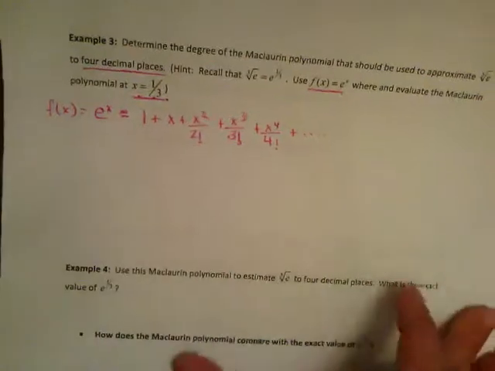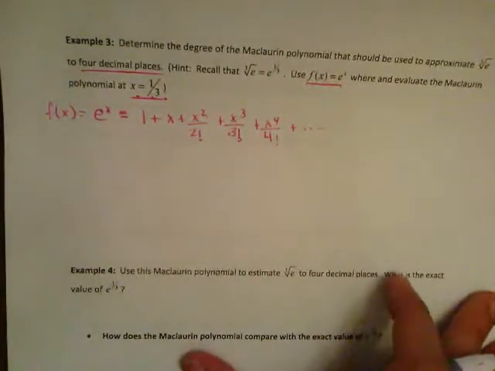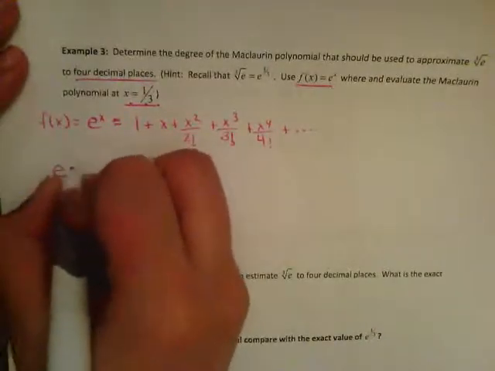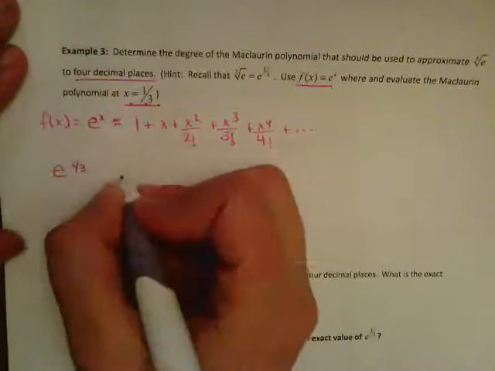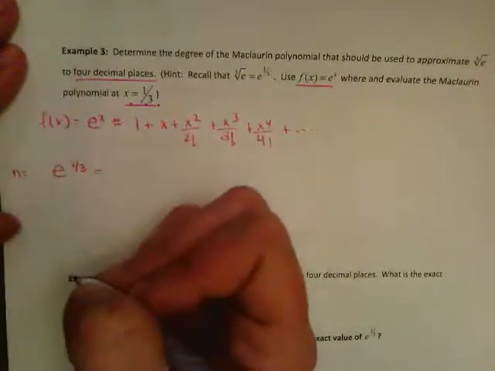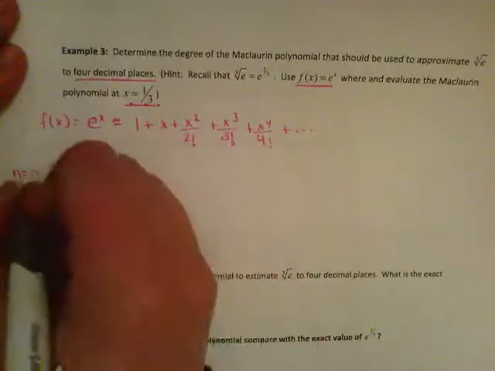In this problem, let's look. So we got e to the 1/3 when n equals 0.